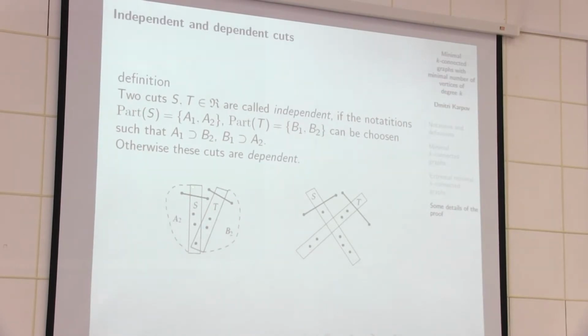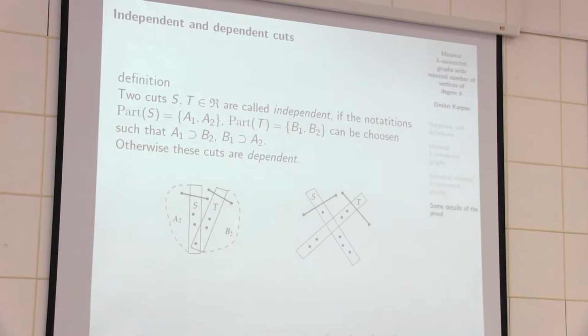They're independent if one part, one component, of S is contained in a component joined with the vertices of cut T. So the cuts are independent if the notations may be chosen in such a manner that these inclusions are true.